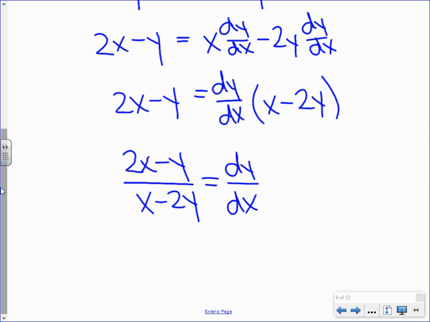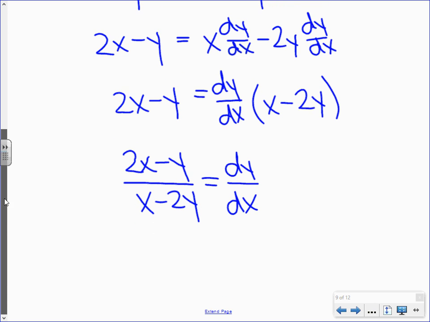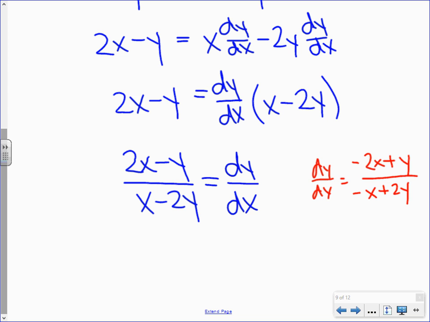Okay, let's talk about that, Cole. I'm really glad you brought that up. Cole, did you leave the dy dx's on the left side and move the other stuff to the other side? So what did you get? Negative 2x plus y over negative x plus 2y. Okay. These two are actually equivalent.